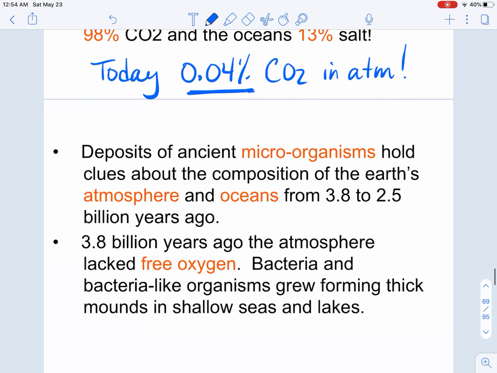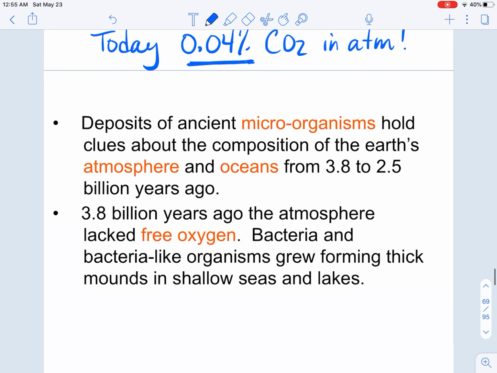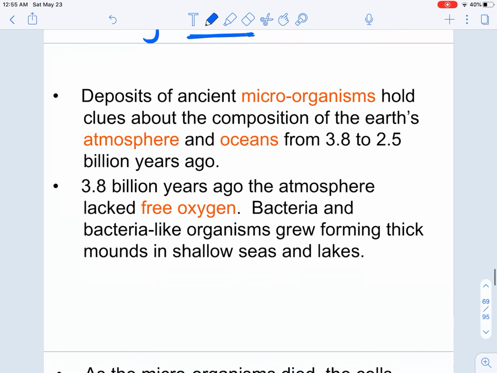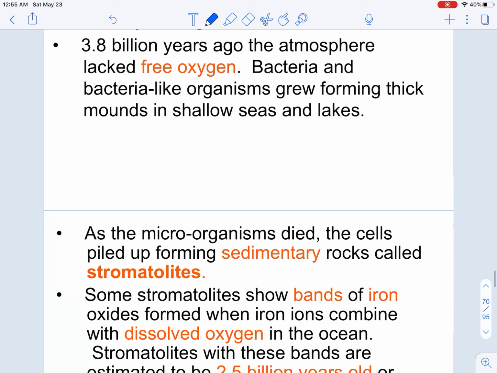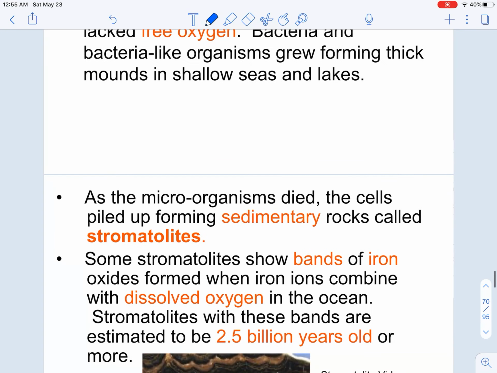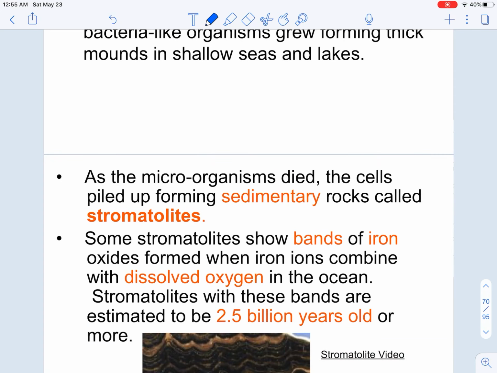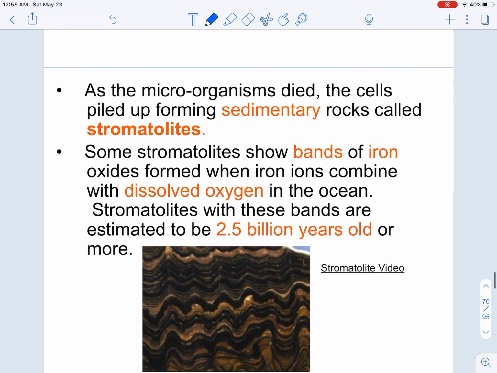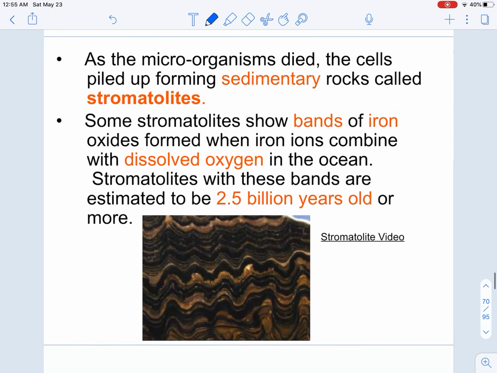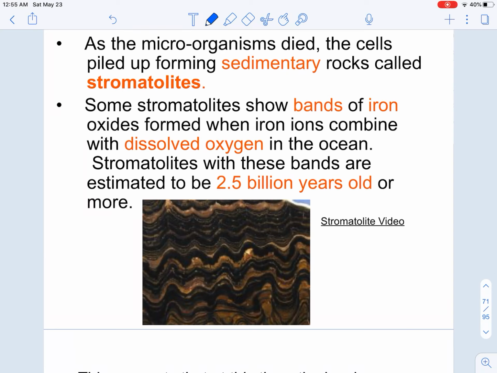How we are finding out historically the amount of those gases is by looking at the fact that microorganisms died, like bacteria, and piled up into sediments, into sedimentary rocks, and those bacteria formed stromatolites. They're a type of sedimentary rock, and when we look at the banding pattern in there, we can see when there's a certain color.